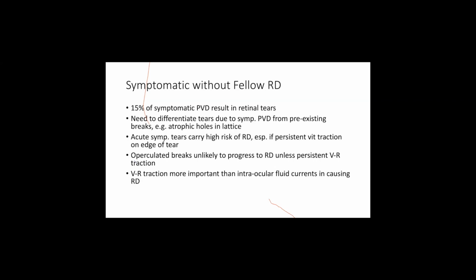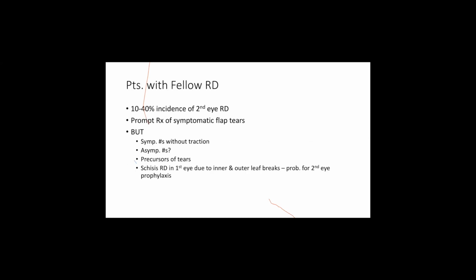Now, if they were asymptomatic and there is no fellow eye RD, I think the main thing is to work out if it's a tear or a hole. If it's an operculated hole, normally I wouldn't bother because, like I said, it's the vitreoretinal traction on the tear that's the most important thing. Patients with fellow eye RDs, I'm a bit more cautious about.